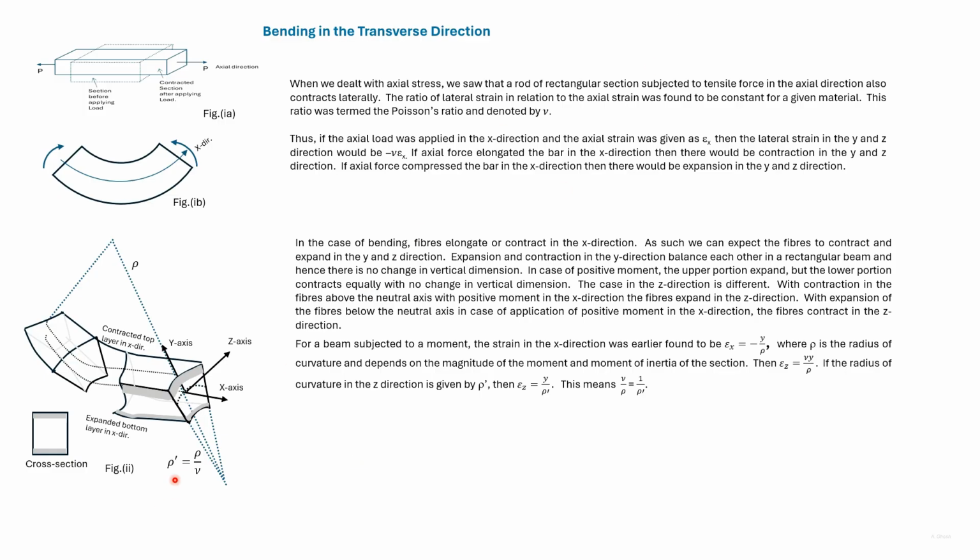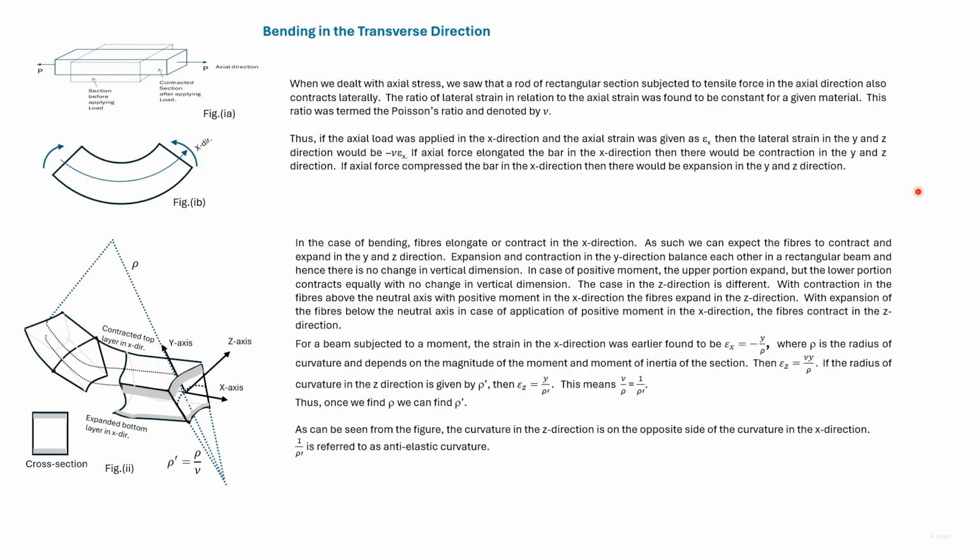The radius of curvature is given as rho dash. We earlier found out that epsilon x is equal to minus y divided by rho. Now epsilon z is minus nu into epsilon x. So epsilon z is equal to nu into y divided by rho. We can also write epsilon z in terms of rho dash.